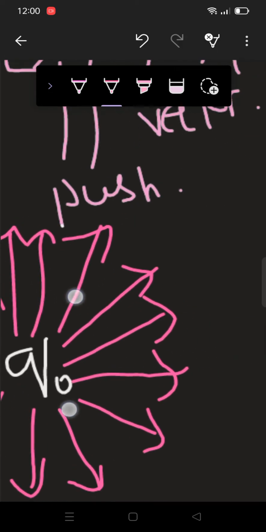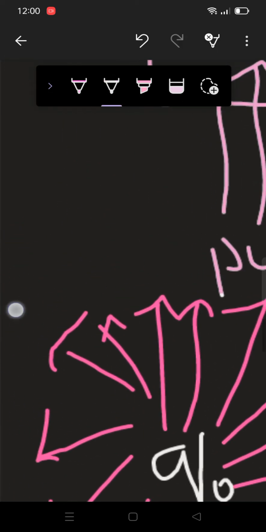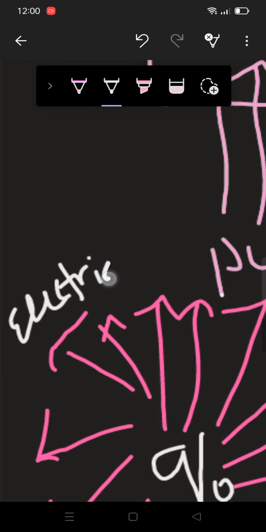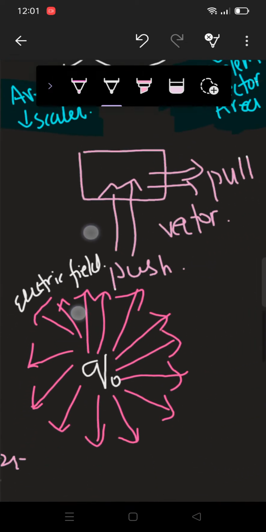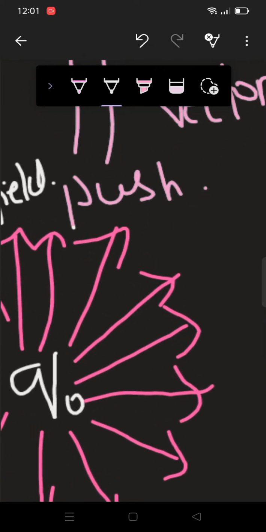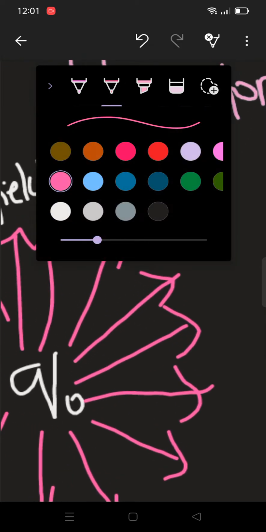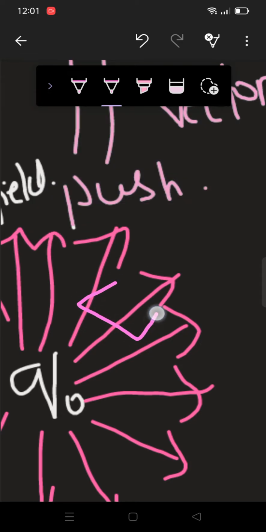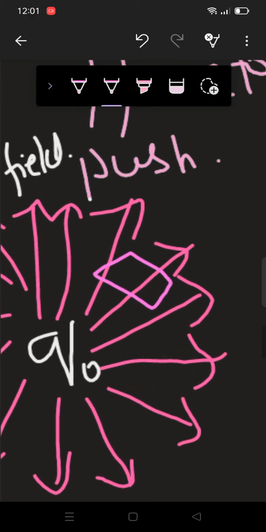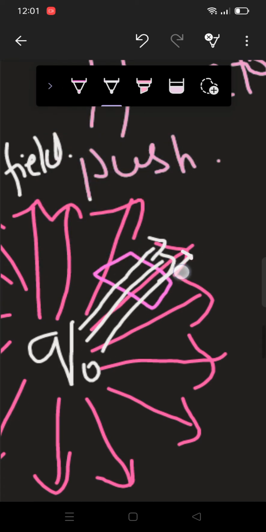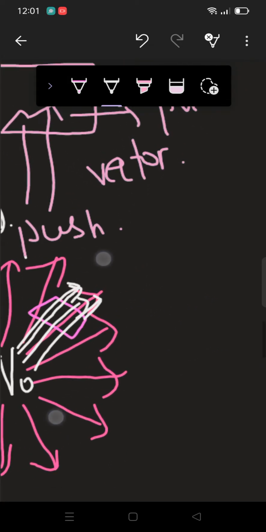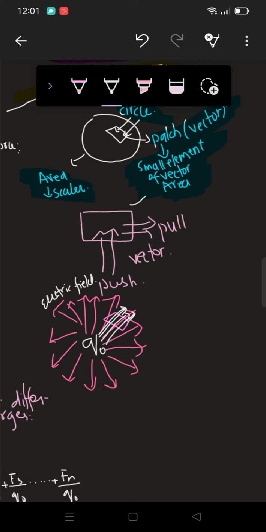If I take this small element of vector area and put it here, the electric field lines of force will be passing through this vector area. So the electric flux is the total number of electric lines of force passing through this small element of vector area.